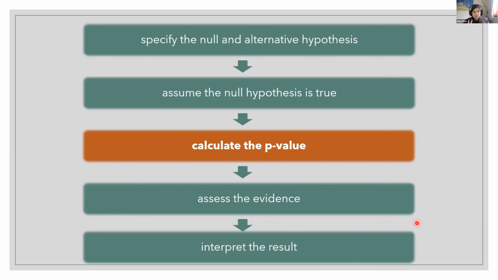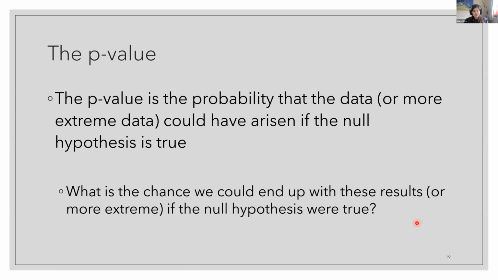Now, because the test statistic is different across all of the different tests that we can do and the way that we calculate it, what we will do for these tests is actually convert it to a p-value. And the p-value is something that we get across all the different tests that we will do. And so that's converting that difference between the observed data and what we would have expected to see under the null hypothesis to a probability.